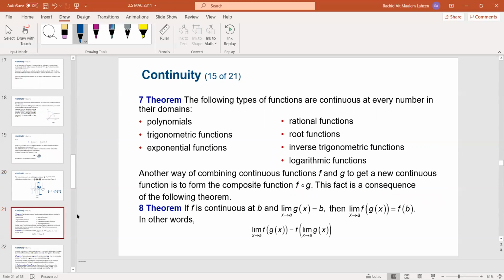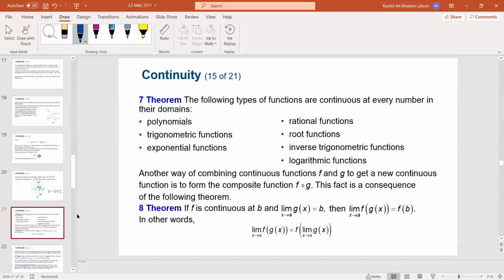Polynomials, trig functions, exponential functions, rational functions, of course, where they're defined, root functions, inverse trig functions, logarithmic functions. They are continuous on every number in their domains. If the point is in the domain, it is continuous there.